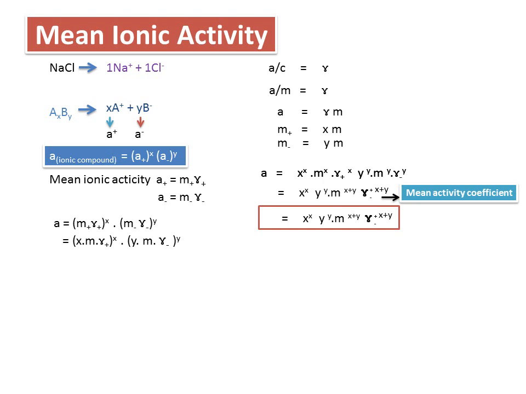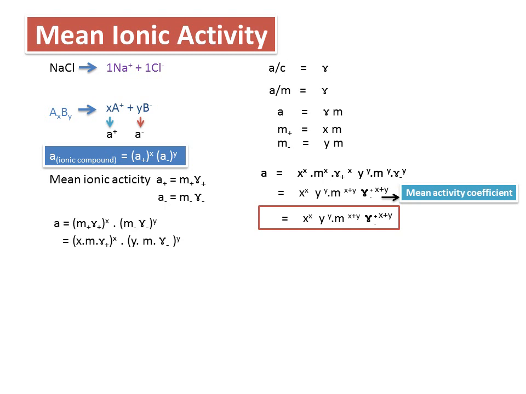So it becomes A over m is equal to gamma, where A is the mean ionic activity, m is molality, and gamma is the mean ionic activity coefficient. Then A will be equal to gamma m.